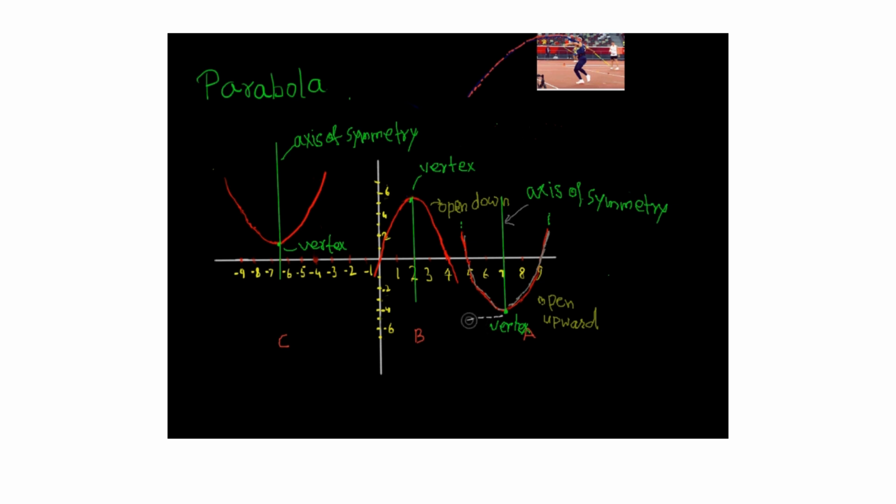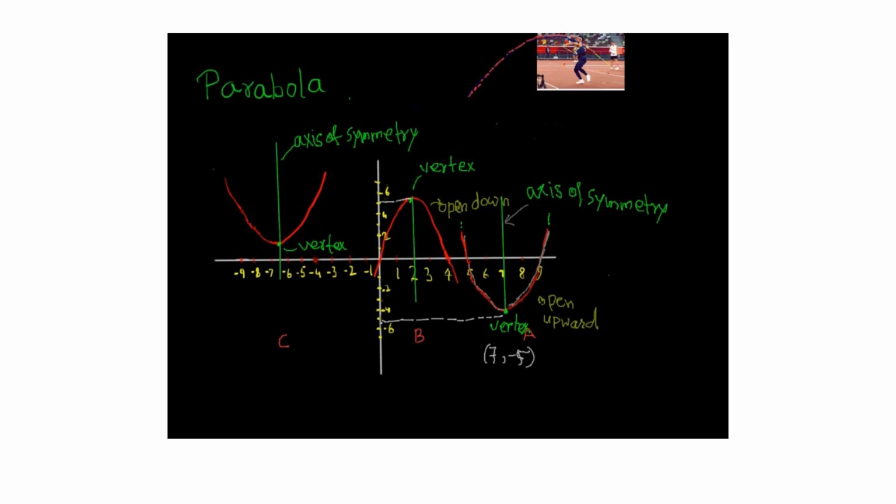In my case, this is approximately somewhere around 5, minus 5. So my vertex here is, my x coordinate is 7 and my y coordinate is minus 5. Similarly in case of B, if I drop a line from here, this touches 5.